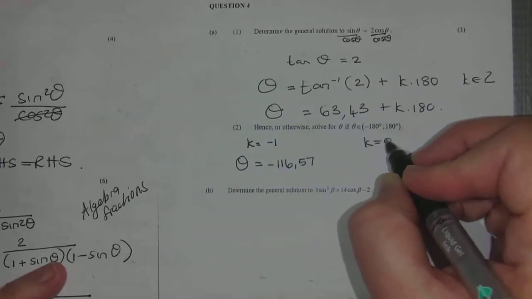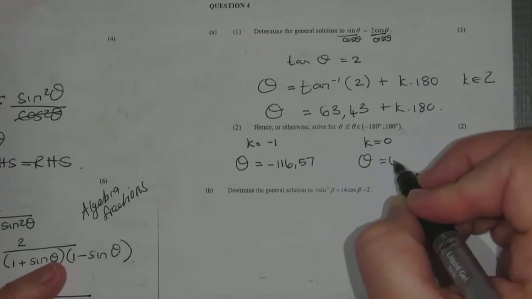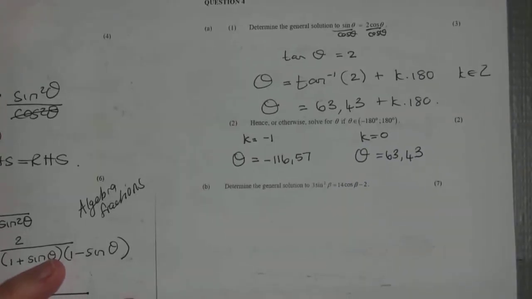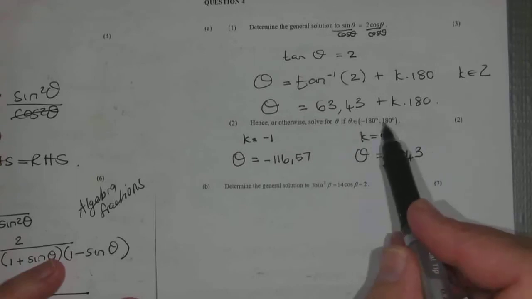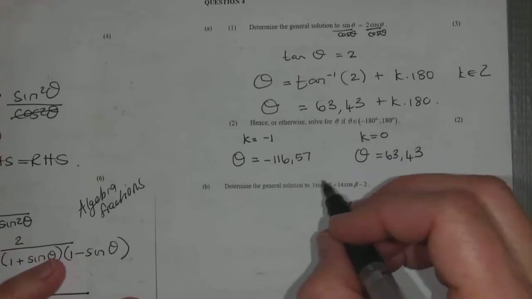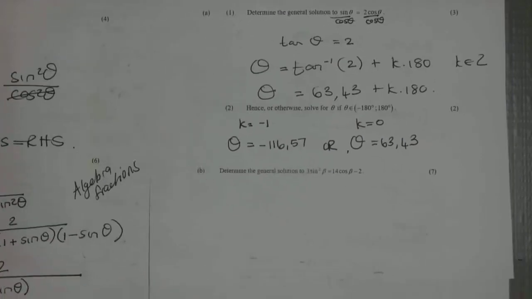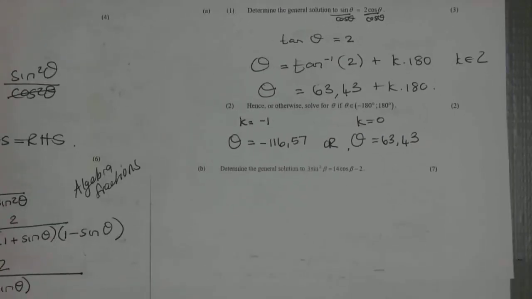If I substitute k with 0, theta works out to be 63,43. I tested what happens if I substitute k with -2 or k with 1, and that falls out of that range. So theta is minus 116,57 or 63,43 degrees.